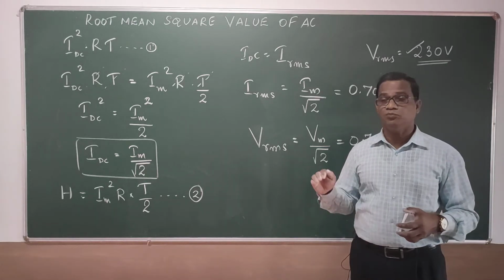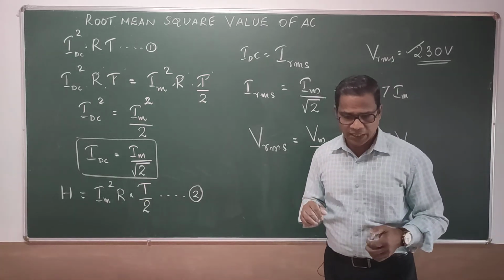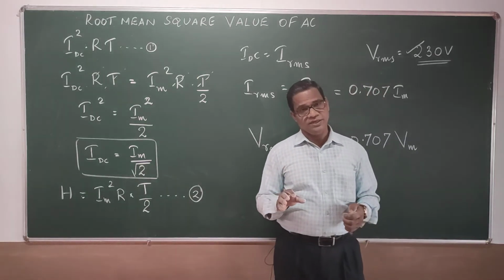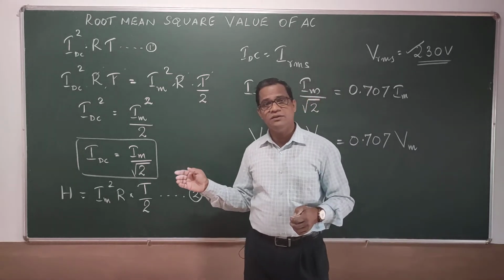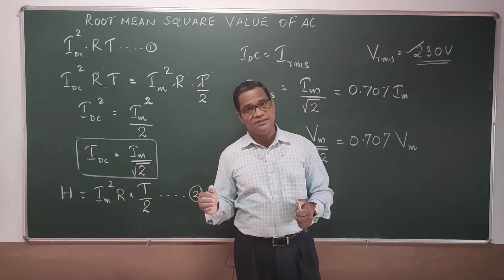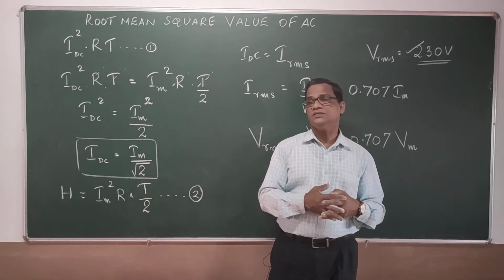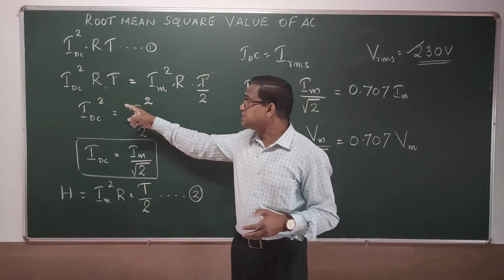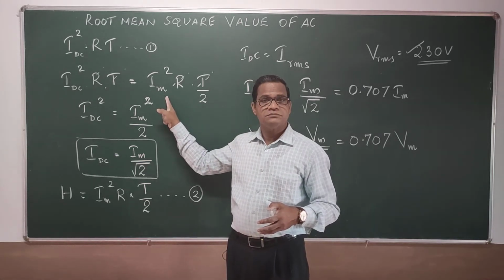It's very, very important. And one more point to be noted is that AC measuring instruments are constructed based on the heat energy developed by the alternating current or voltages. So based on heat energy it is measured, therefore the value changes as I square, right?